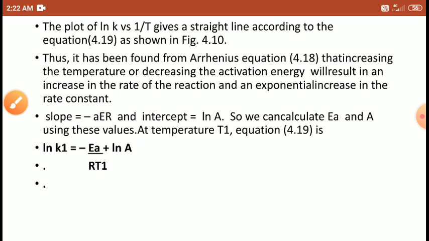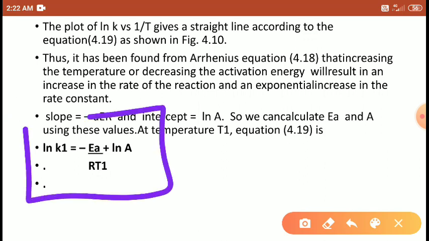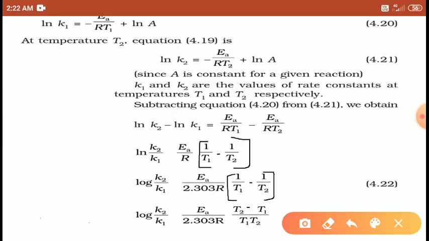So that's why he gave us these equations, students. Equation 1: ln K1 is equal to minus Ea by RT1 plus ln A at temperature T1. When we apply temperature T2, ln K2 is equal to minus Ea by RT2 plus ln A. When we compare both equations, what happens, students?